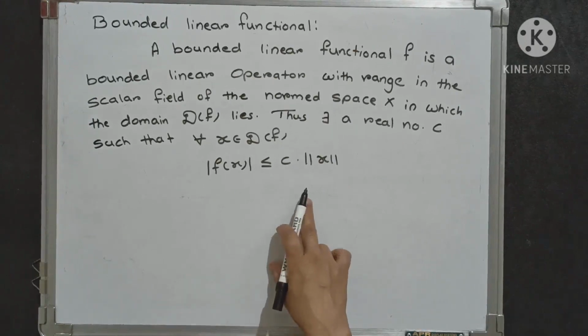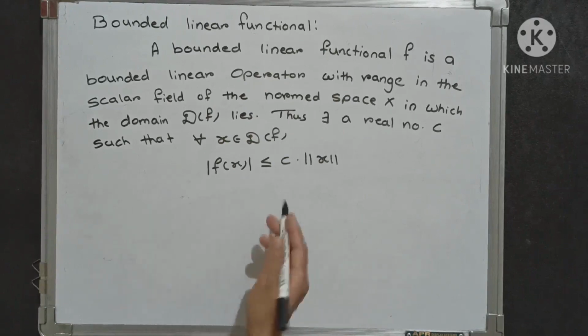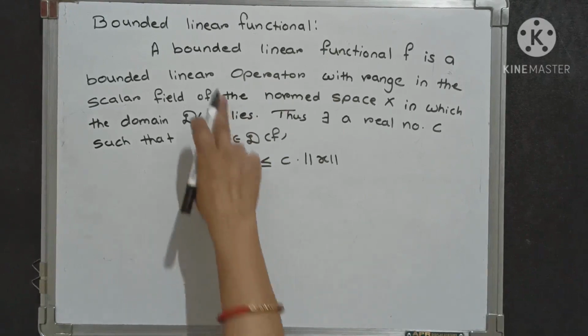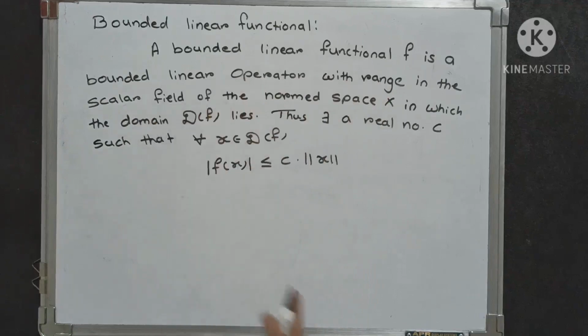Here in this definition we observe that as a linear functional is a linear operator, in the same way a bounded linear functional is a bounded linear operator with the range in the scalar field of the normed space X in which the domain script D of F lies.